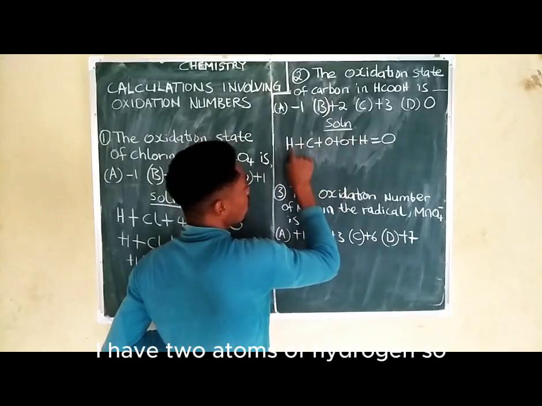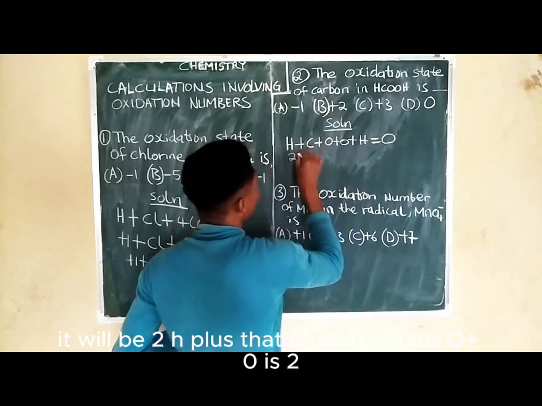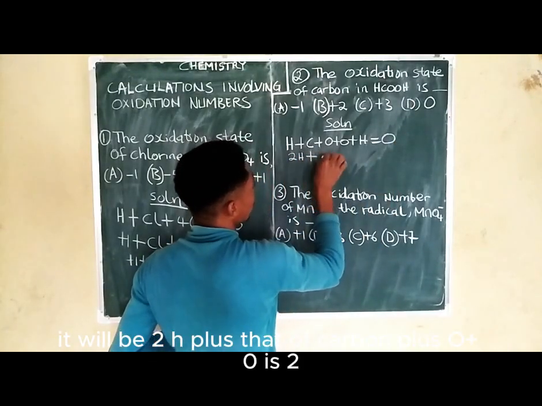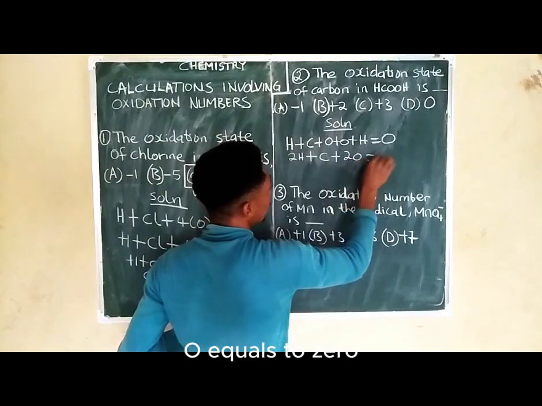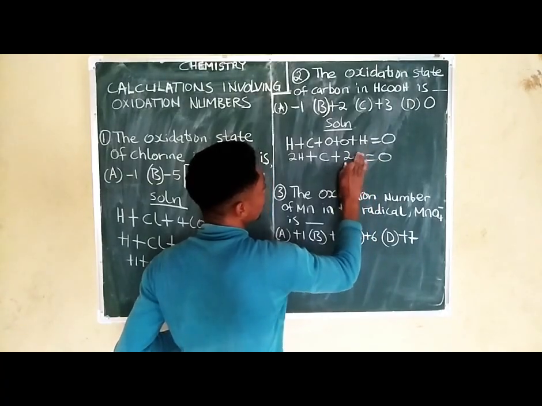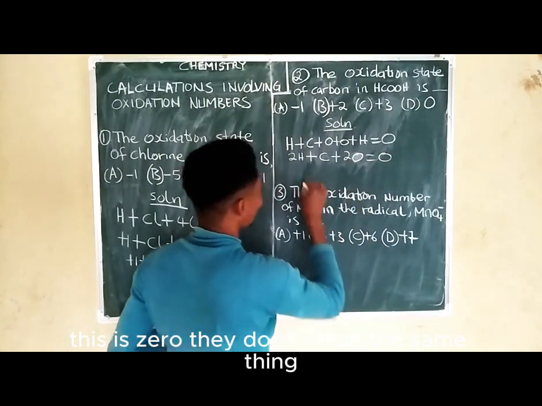I have 2 atoms of hydrogen, so it will be 2H plus that of carbon plus 2O equals 0. This is oxygen, this is 0. They don't mean the same thing.